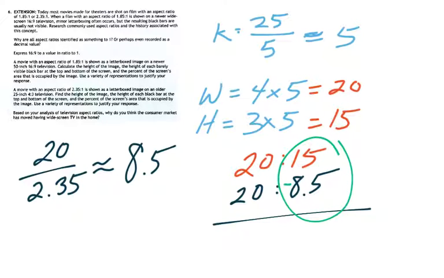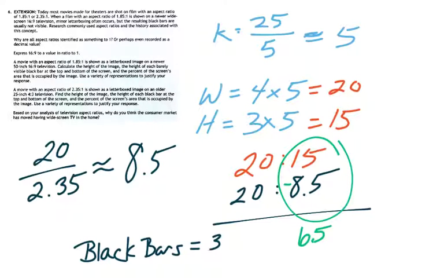We subtract these numbers here, we get 6.5, the difference between the height of the television and the height of the image, and this is what both black bars are going to be equal to. So since both black bars equal 6.5, you divide that by 2 and you get 3.25 inches. So these black bars actually show up significantly more on the television because the 2.35 image does not fit the 4:3 television screen very well.